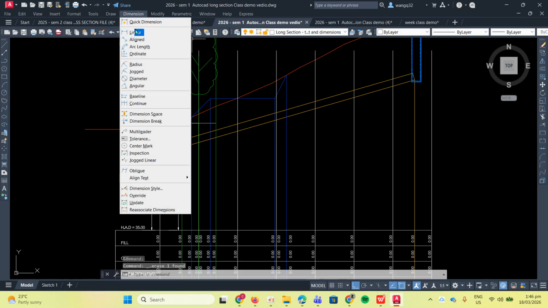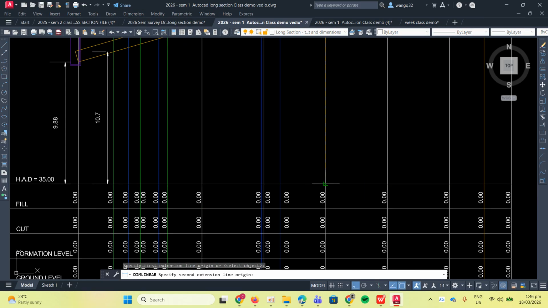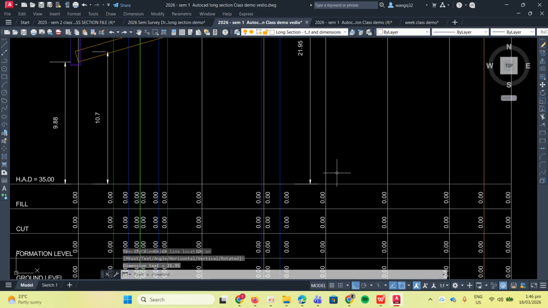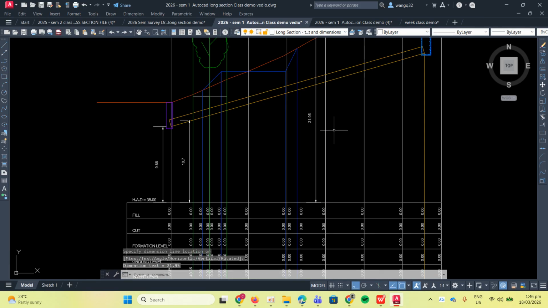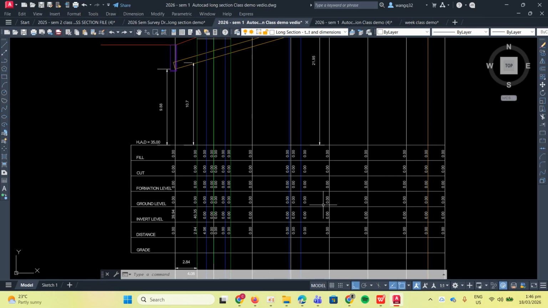So what I'll do, I use the linear dimension from the ground level to my HAD to here, which is 21.95 divided by 2, which gives me 10.97. So I round it to 10.98 plus 35, which gives me 45.98.